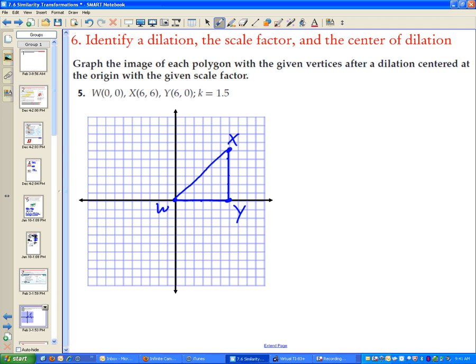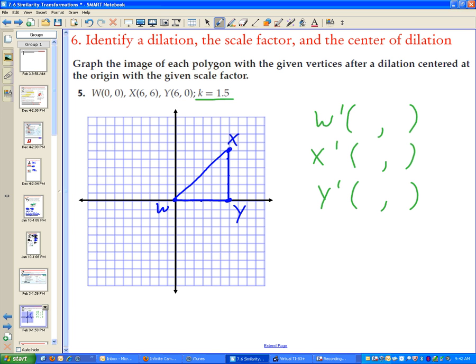Since the scale factor is 1.5, I need to multiply the coordinates of each one of these by 1.5. To keep it simpler, instead of having to make up 3 new letters, we can just call our new vertices W prime, X prime, and Y prime. And we get the new coordinates by multiplying them all by the scale factor.